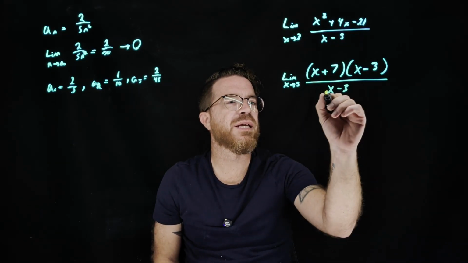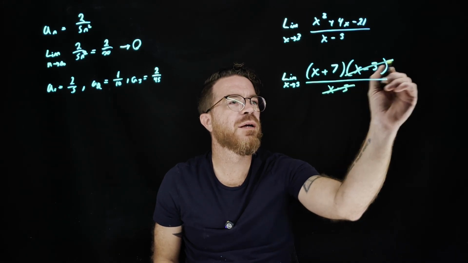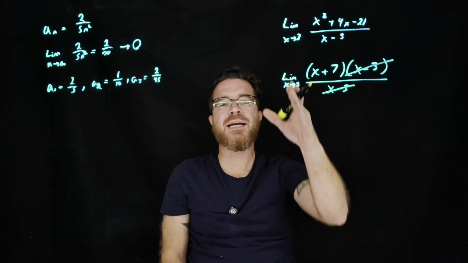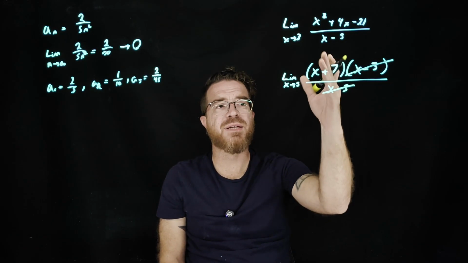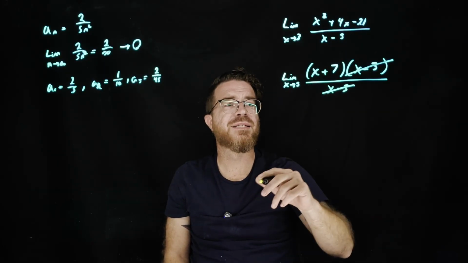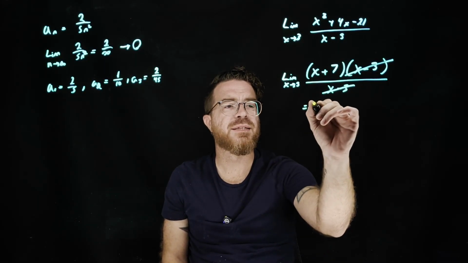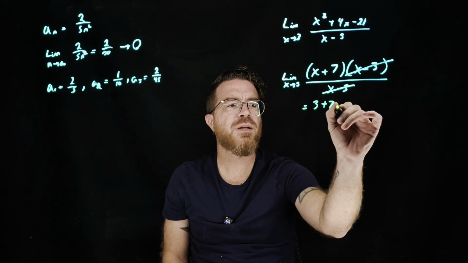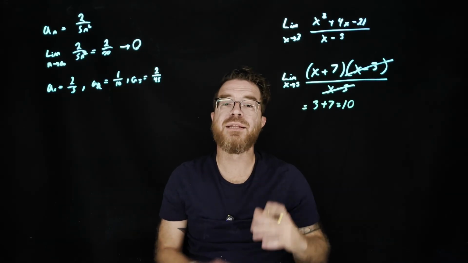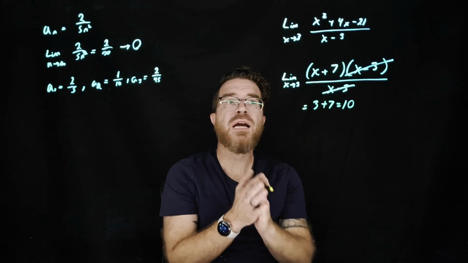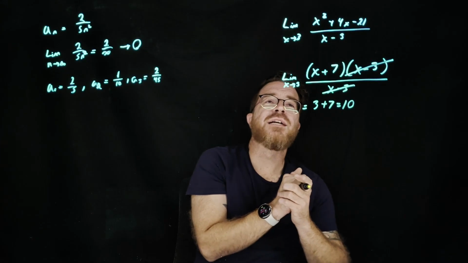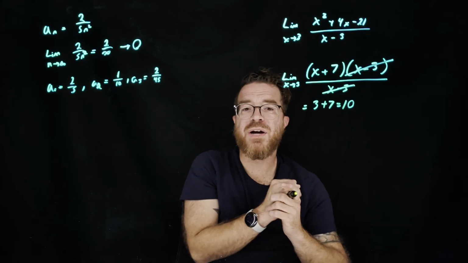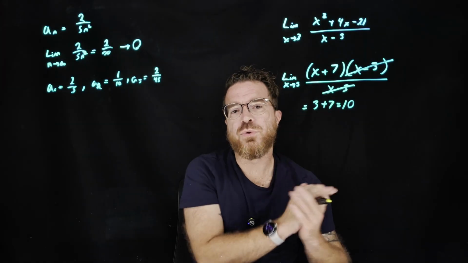And what we can do is we can cancel this with this. And now we're taking the limit as x approaches 3 on x plus 7. So we're going to plug 3 into this, and we're going to get that this is equal to 3 plus 7, or 10. Meaning the limit as x approaches 3 on this function, x squared plus 4x minus 21 divided by x minus 3 is equal to 10.